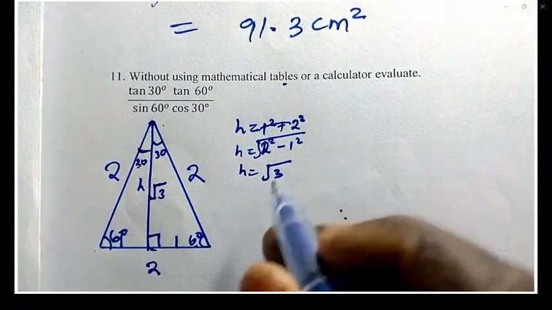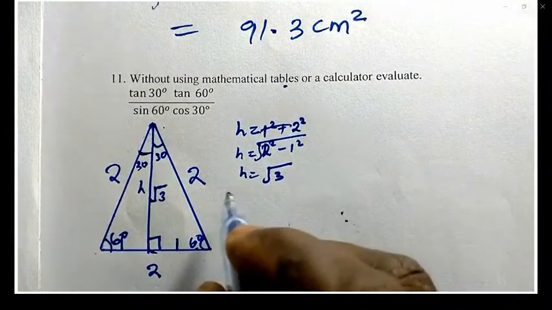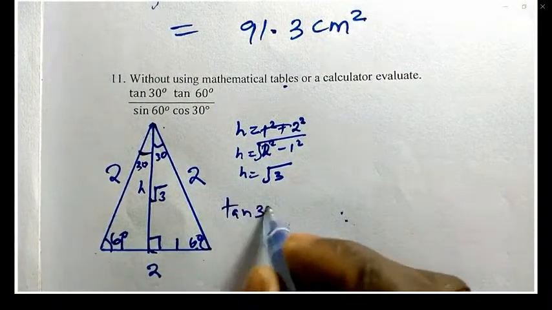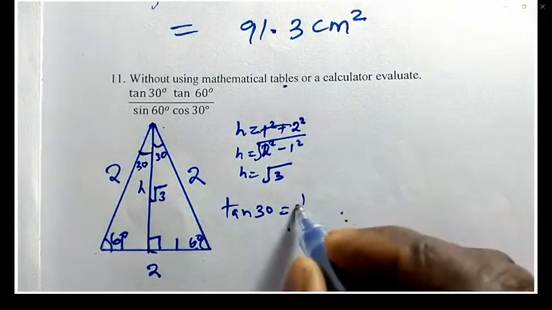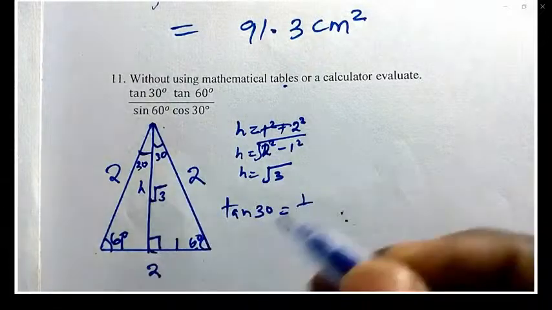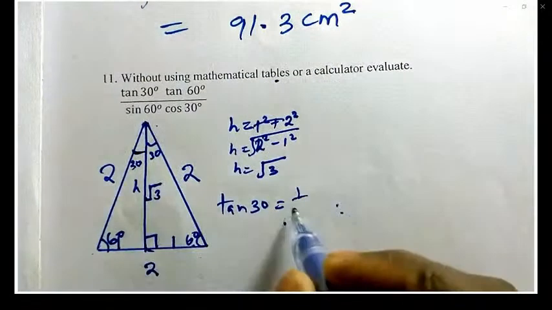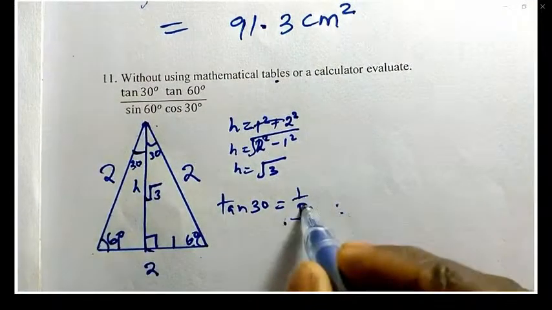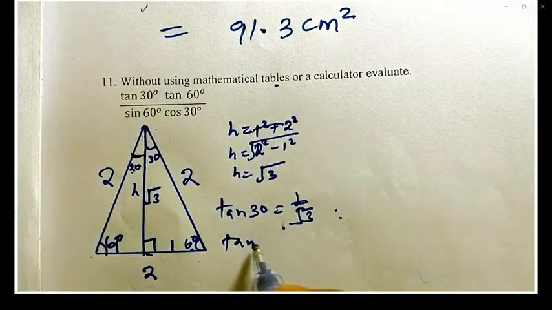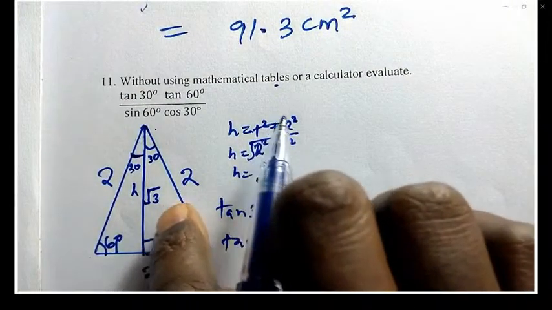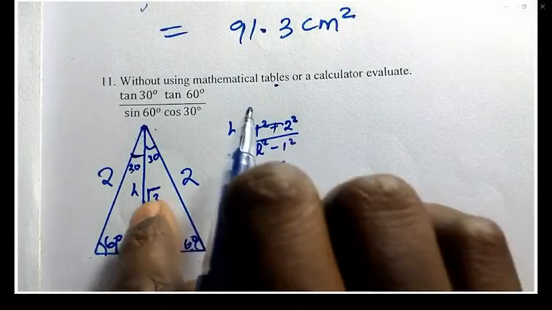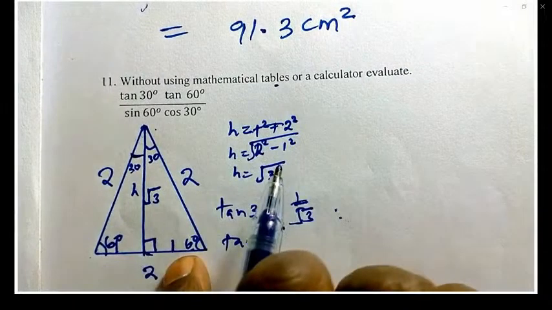So if it is tan 30, tan 30 is going to be opposite over adjacent, which is 1 over root 3. Tan 60 unasimama hapa. Tan 60 itakuwa opposite root 3 over adjacent 1. So itakuwa simply root 3.